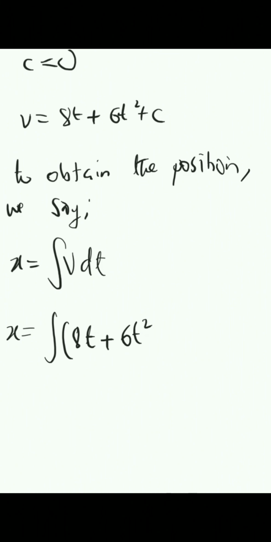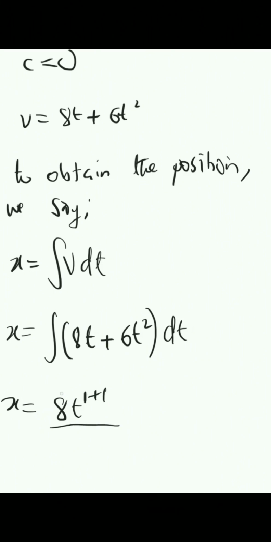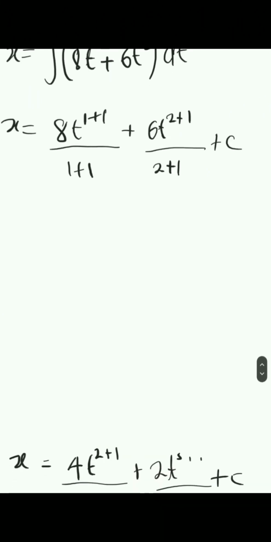We're not adding a c there because it's 0. Then this is with respect to t. Now what we have is 8t, the power is 1, so you add a 1, then you divide by the same. Then you say plus 6t squared, to the square you add a 1, then you divide by the same 2 plus 1. As usual, since we're integrating, add the constant of integration.